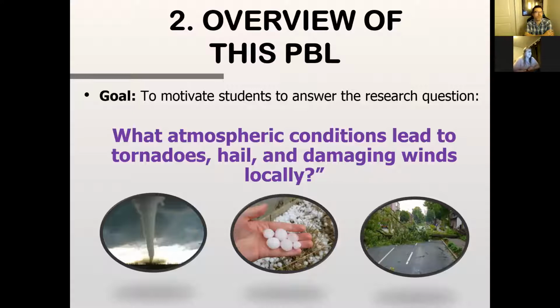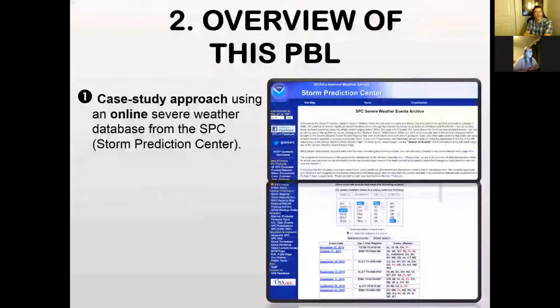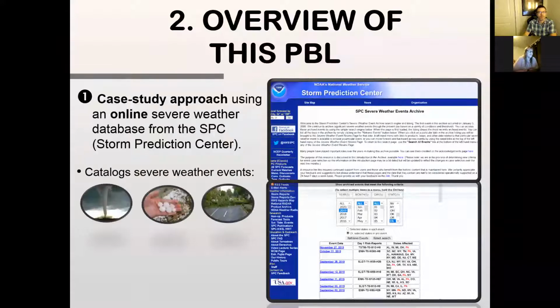And so the overview of this PBL in Joby's course wants students to answer the research question, what atmospheric conditions lead to tornadoes, hail, and damaging winds locally? And so students work together in weekly activities to collect and analyze data for severe weather. And you see here on this slide, it's a case study approach using this online database from the Storm Prediction Center.